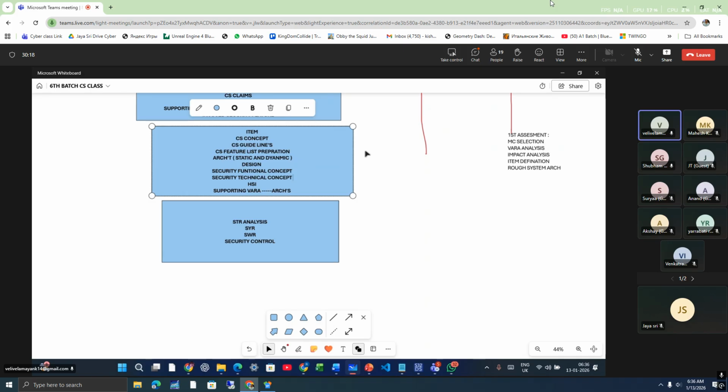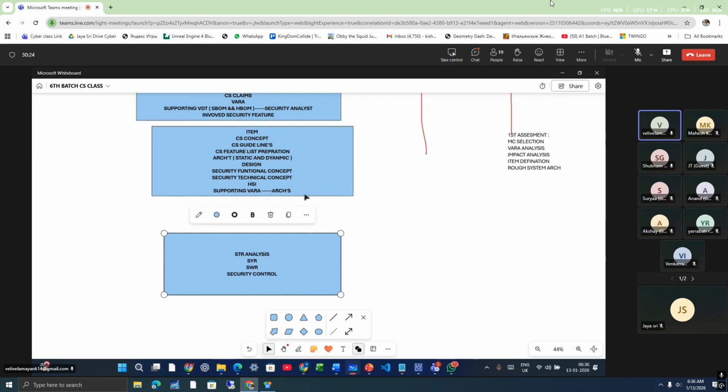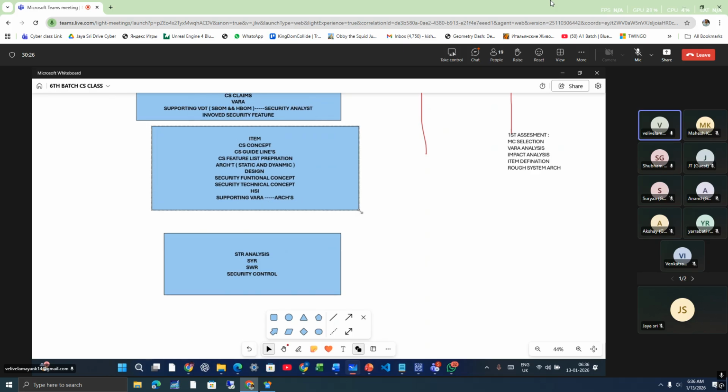Some people will follow the traditional legacy concept, like architecture and designs only they will cover. Wherever you are going, don't get confused when someone asks about security functional concepts and security technical concepts. Even the security concepts you can map in that manner.